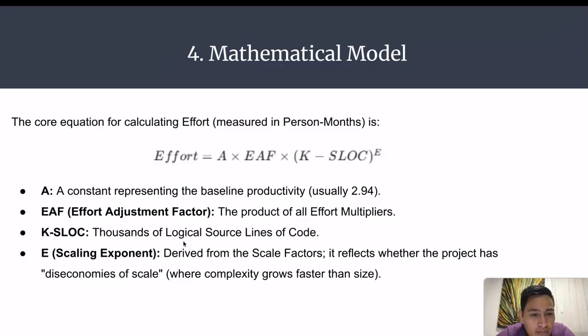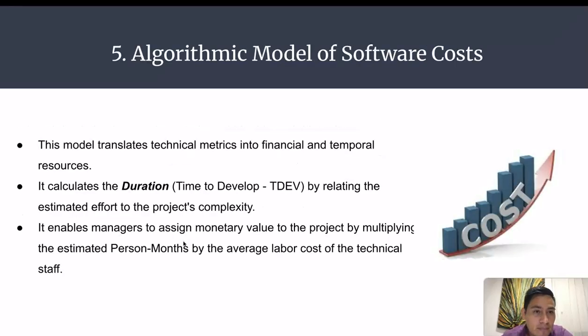EAF, effort adjustment factor, is the product of all effort multipliers. KSLOC, thousands of logical source lines of code. E, scaling exponent, derived from the scale factors. It reflects whether the project has diseconomies of scale, where complexities grow faster than the size.